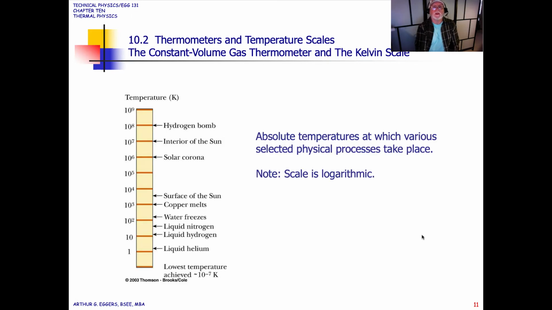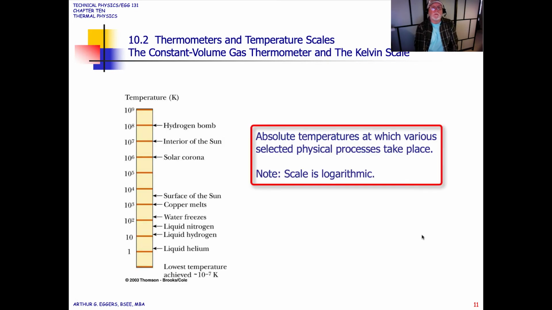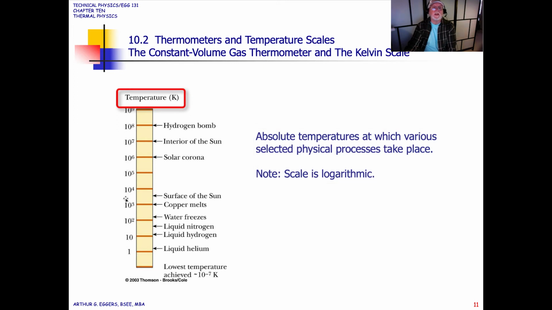273.15. If we look at then a representation here of different temperatures for various selected physical processes, you'll notice temperature is in Kelvin, not degrees Kelvin, but Kelvin. And you can see 10 to the 8th, 10 to the 7th, 10 to the 6th, 10 to the 4th, 3rd and 4th, 10 squared, 10, and 1.